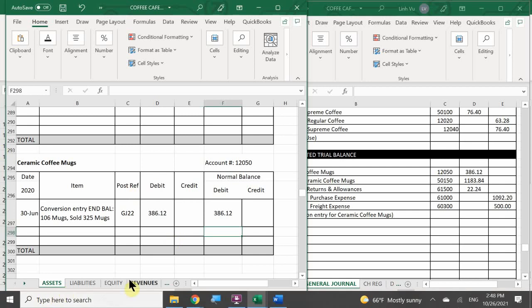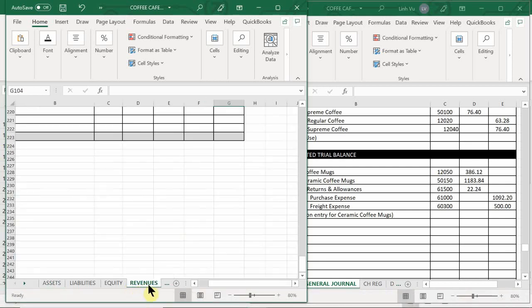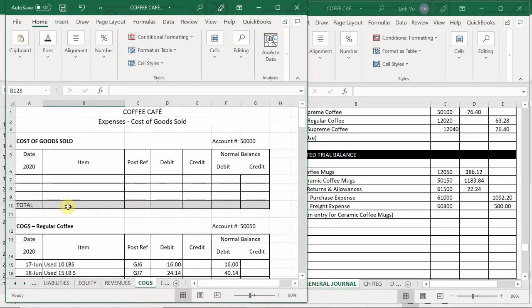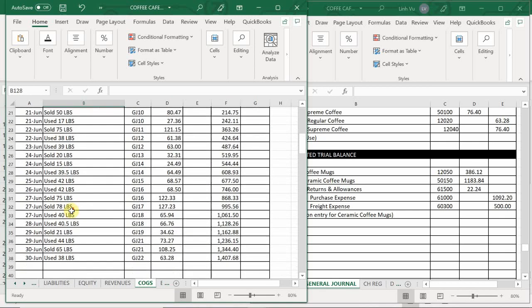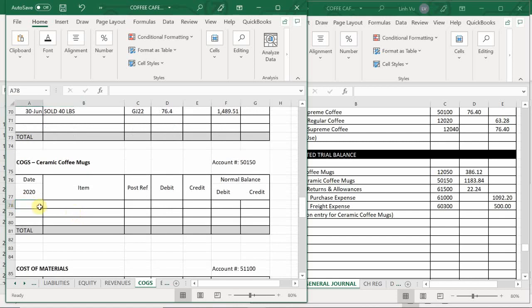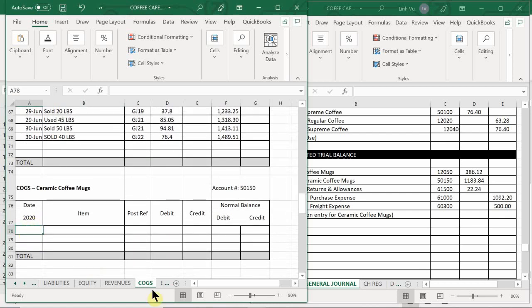Now we need to update our cost of goods sold account. Cost of goods sold, ceramic coffee mugs, right? You could say the same thing here. 630, we have a conversion.